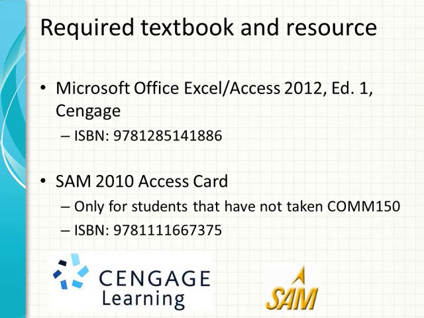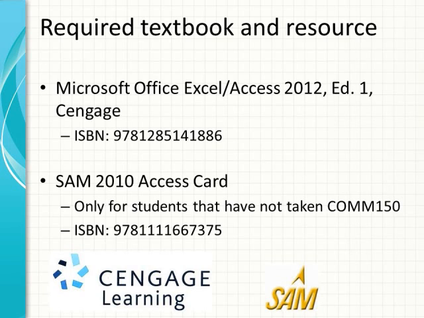To do all this, you're required two specific resources. The first is our textbook, Microsoft Office Excel and Access 2012. But in addition, you'll also need access to SAM. For those of you who have accessed SAM in a previous course like COM 150, you don't need to purchase a separate SAM Access card.